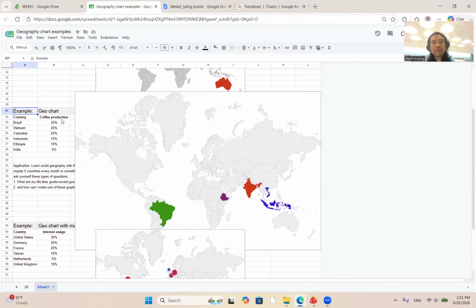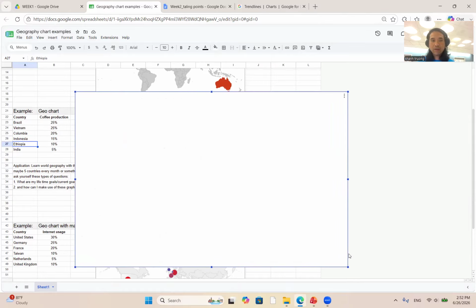They basically have a data set, collecting data from, I don't know, maybe the world's biggest coffee exporters, the top countries in the world that export coffee, all these countries right here. Then this is going to be our data set, and you basically just generate a graph. Let's make it a little bigger.